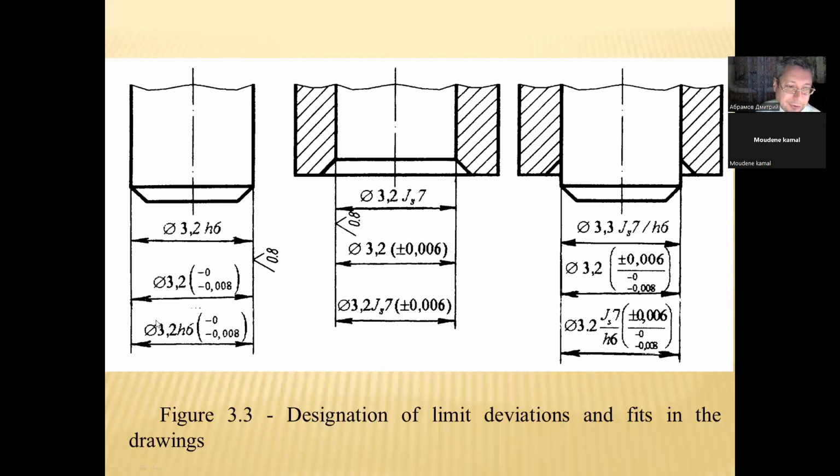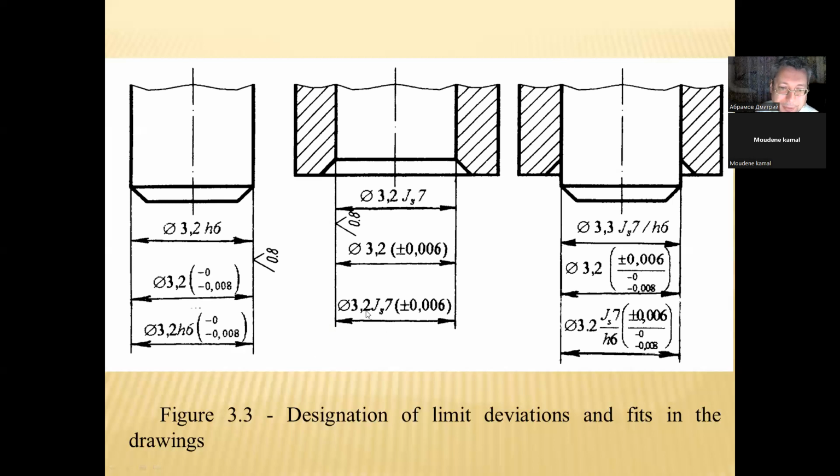For example, for the shaft, nominal diameter 3.2, fundamental deviation h, IT grade 6, upper limit deviation 0, and lower limit deviation minus 0.008.